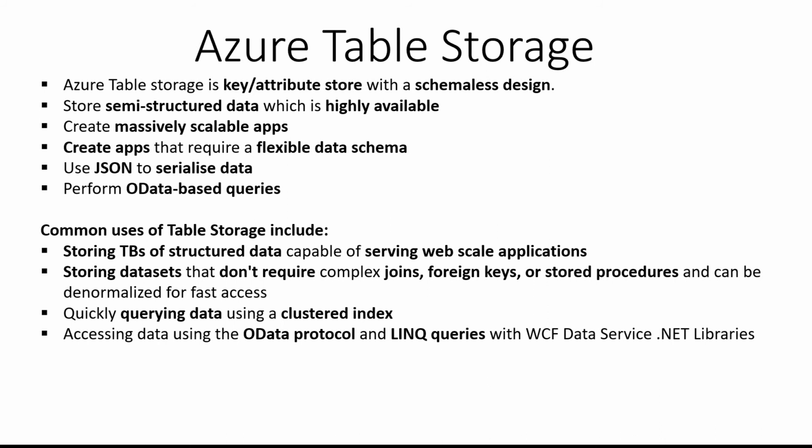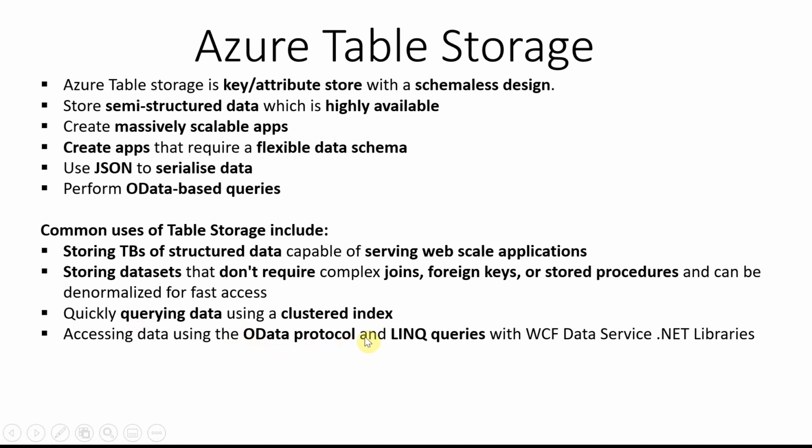If you have to retrieve data for a complex structure, then you need to do a lot of joins and foreign keys, or you may have to use stored procedures. All those things are not required here because it is schemaless. At the same time, you can store a lot of data in one row or one column. Generally it's a denormalized structure, and you can quickly query the data using a clustered index.